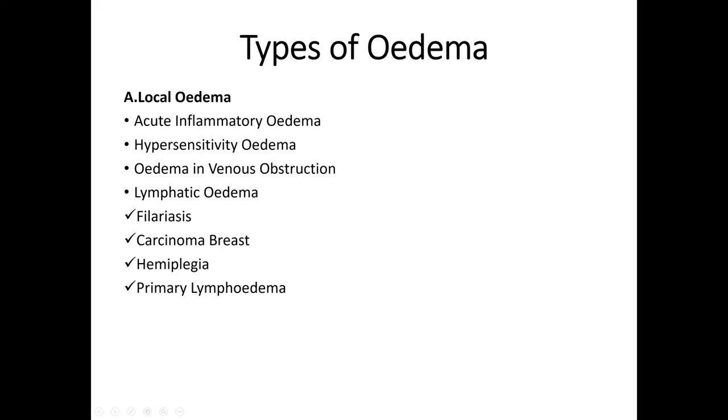Types of edema: local edema, which includes acute inflammatory edema, hypersensitivity edema, edema in venous obstruction, lymphatic edema, as seen in filariasis, carcinoma breast, hemiplegia, and primary lymphedema.